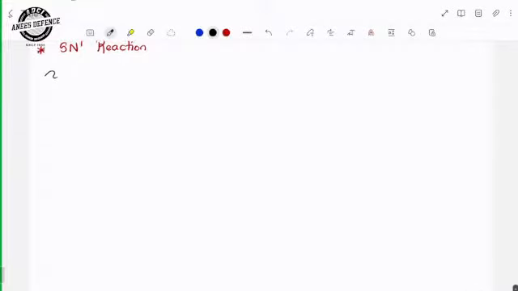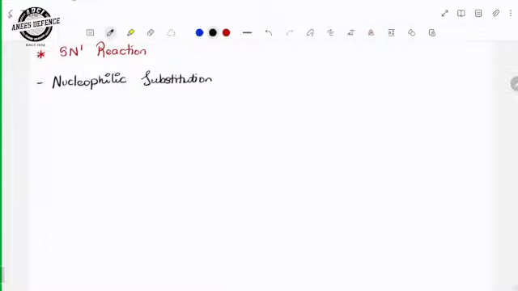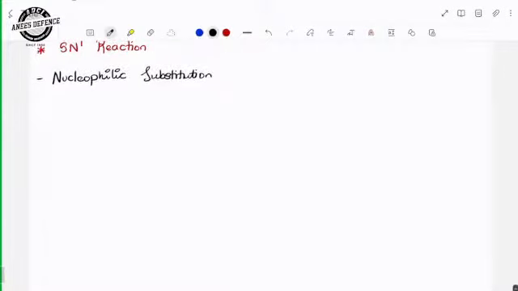SN1 is nothing but, again, the same, it stands for nucleophilic substitution reaction. And what does the one stand for? It stands for unimolecular reaction. So here there is involvement of one reactant at the rate determining step.